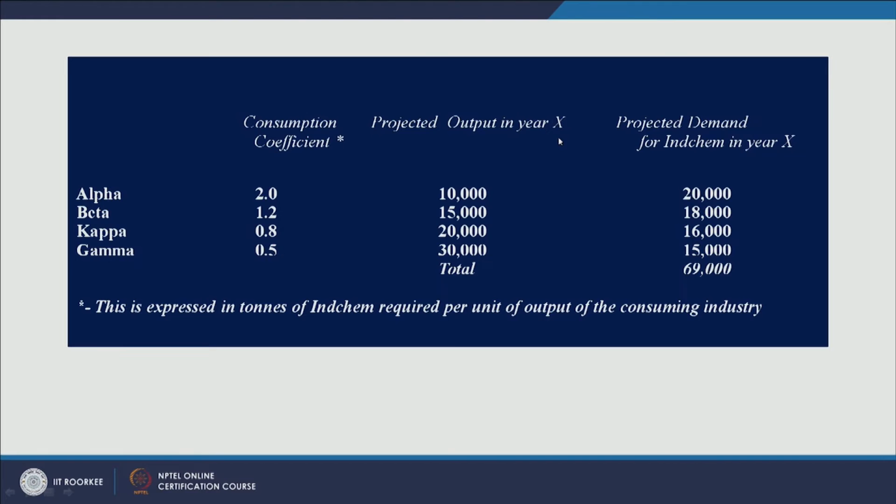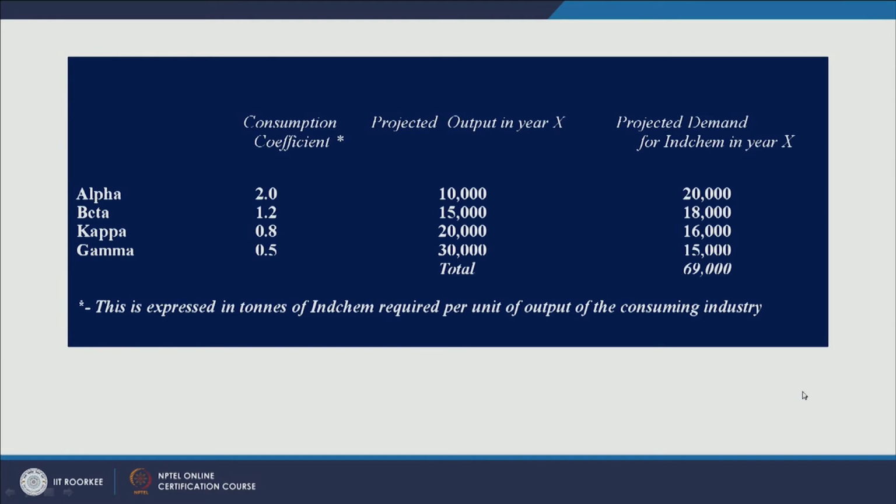So, what would be the demand of that particular chemical, Inchem? You just multiply the projected output of the end product by their consumption coefficients. So, this into this you will get this value: 20,000, 18,000, 16,000, 15,500 and 69,000.